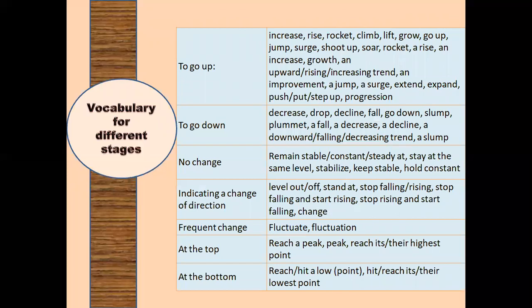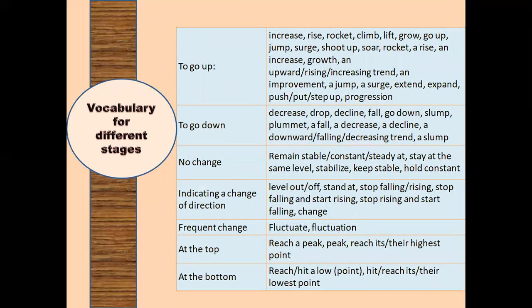Next is the second stage, that is called the body. You will find that in the body either the graph is going up or down, or it is stable, with no change. So which vocabulary can you use to describe it? If the graph is going up, you can use different vocabulary in this case: increase, rise, rocket, climb, lift, grow, go up, jump, surge, shoot up, soar.